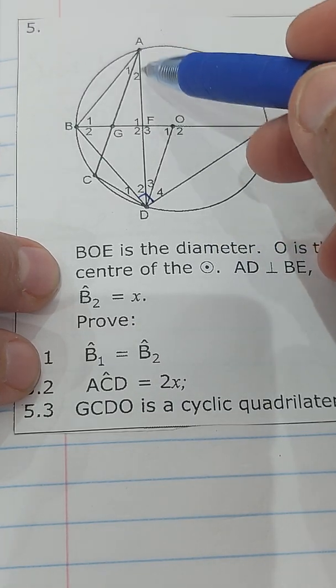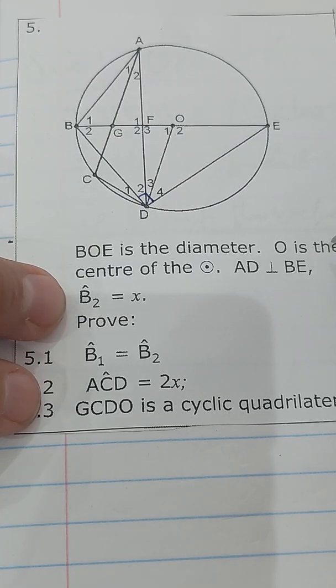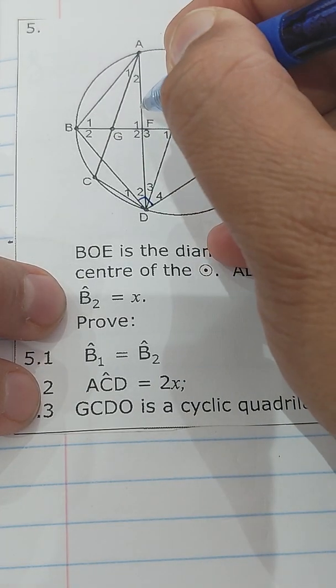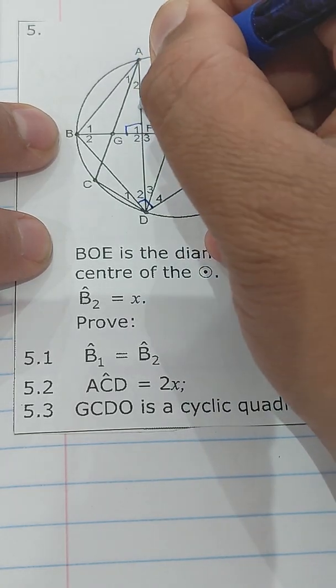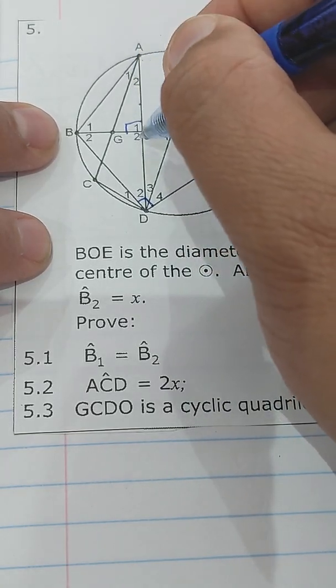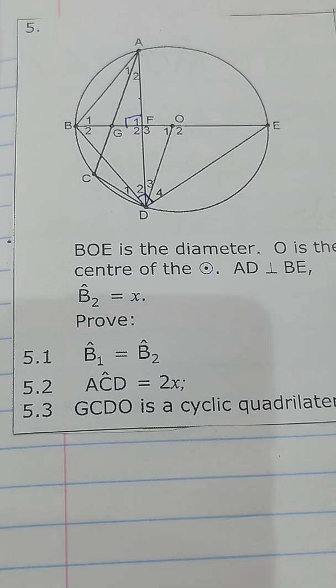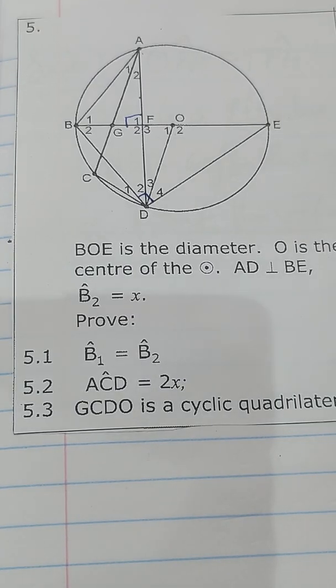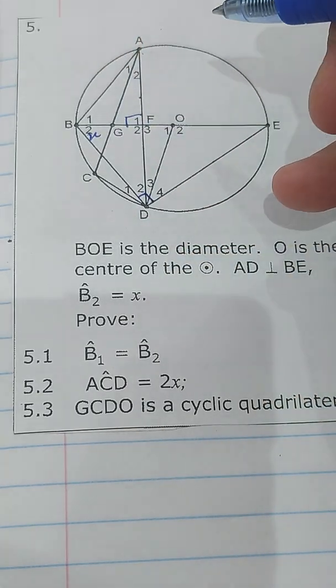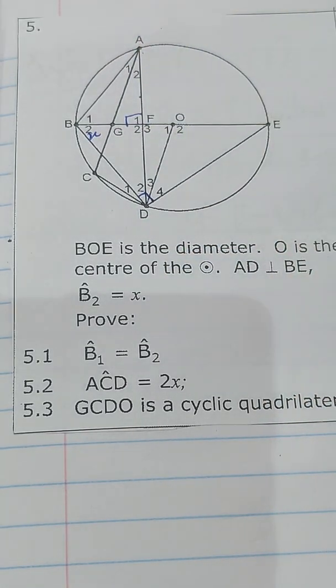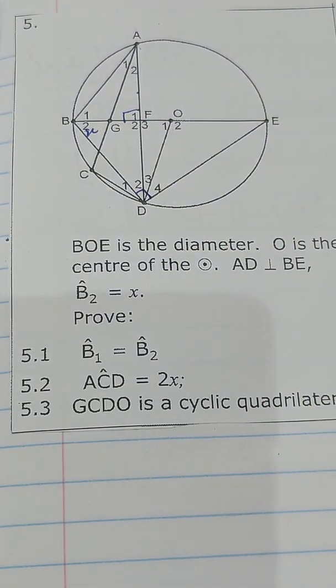AD is perpendicular to BE. Okay, so that means that's 90, which makes this length equal to. So AF is equal to FD. Why? Perpendicular from center to chord. Then we are told that B2 is X. Okay, we must prove that. Right, we'll start proving this in the next video.